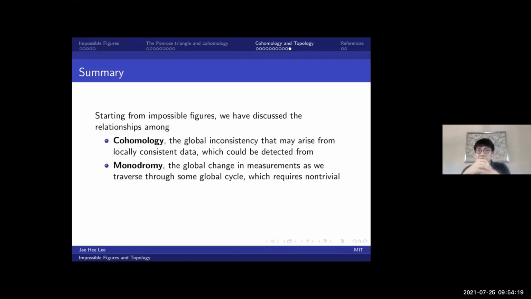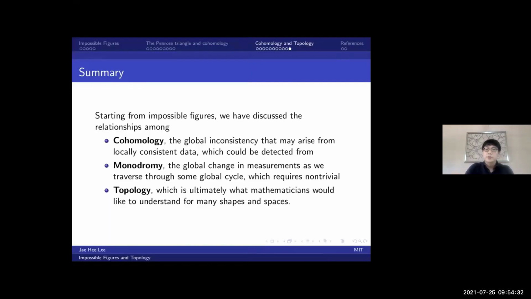And non-trivial monodromy was the main property of having non-zero cohomology. And non-trivial monodromy was only possible because we actually had non-trivial topology in our space. In our impossible figures, we had these interesting circles lying inside them.